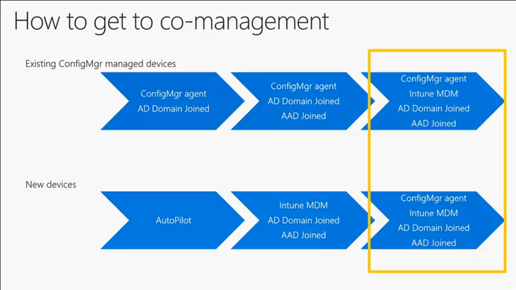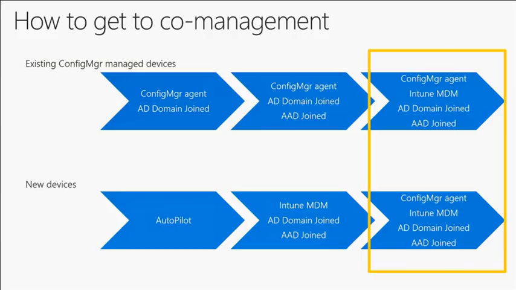So the next question you may be asking yourselves is, how do I get to co-management? And the answer is split into two. There are the existing devices that are currently managed by Config Manager, typically domain joined, and then there are the new devices. For existing devices, there is a simple onboarding experience from the Config Manager console, and I'll show you that in a minute.